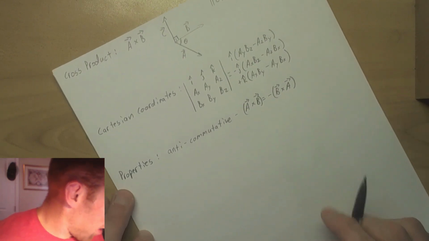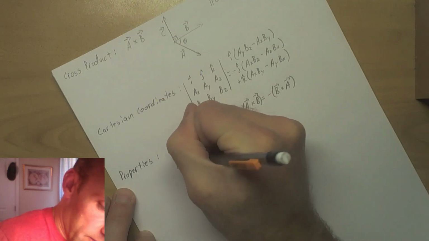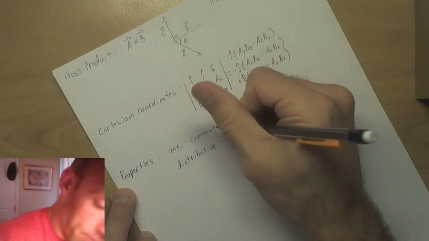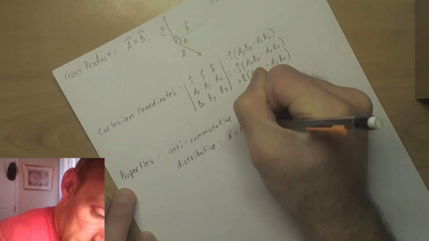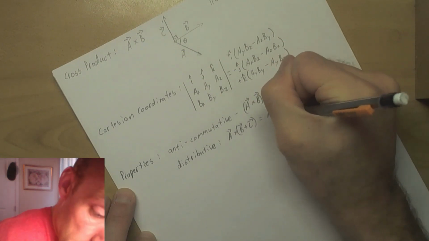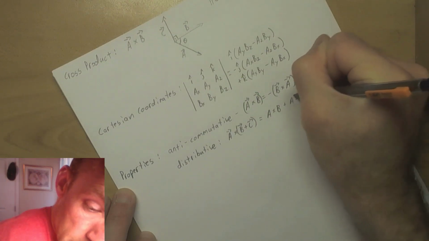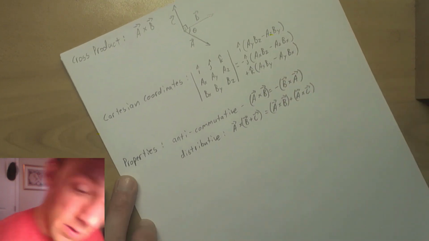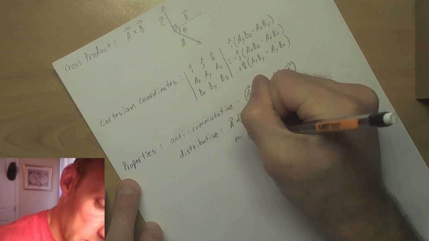Okay, and every other property is kind of the same as the dot product. So it's distributive, as well as the trivial case with the scalar multiplication.